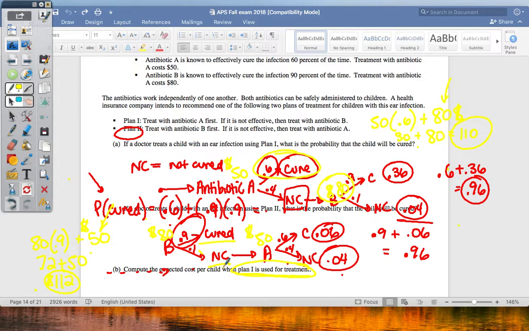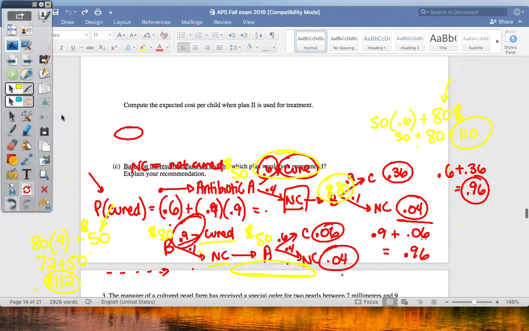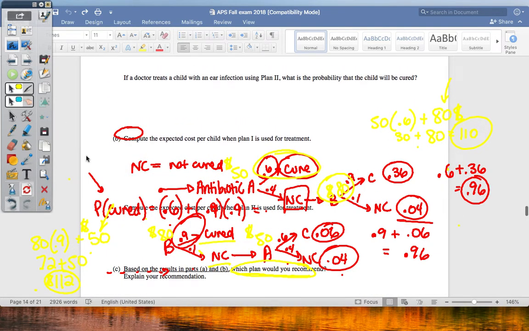Well, that last question is where we go down below and we say, okay, let me see here. Down below at C, which plan would I recommend? Well, I would say something to the effect of, due to the fact that in both Plan 1 and Plan 2, there is a 0.96 probability proportion of the individual being cured.